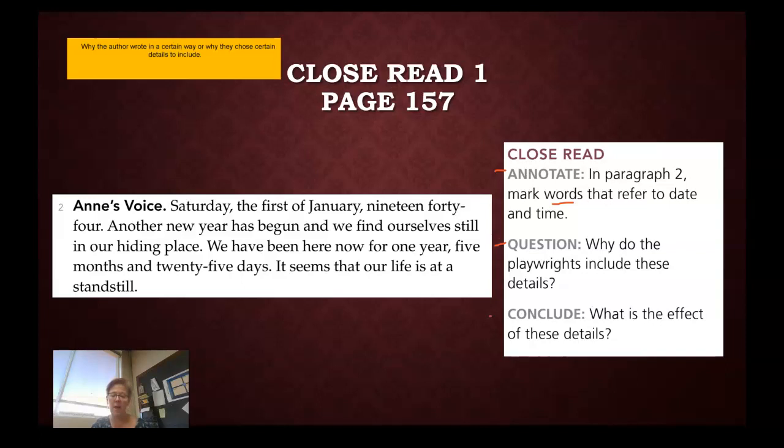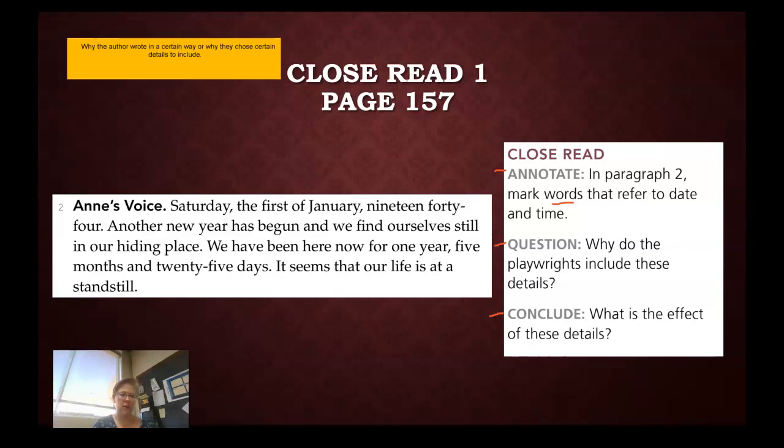Finally, the curriculum writers ask you to reach a conclusion about the text evidence. So they ask you to look for text evidence, they ask you a question about what you found, and then they ask you to draw a conclusion.